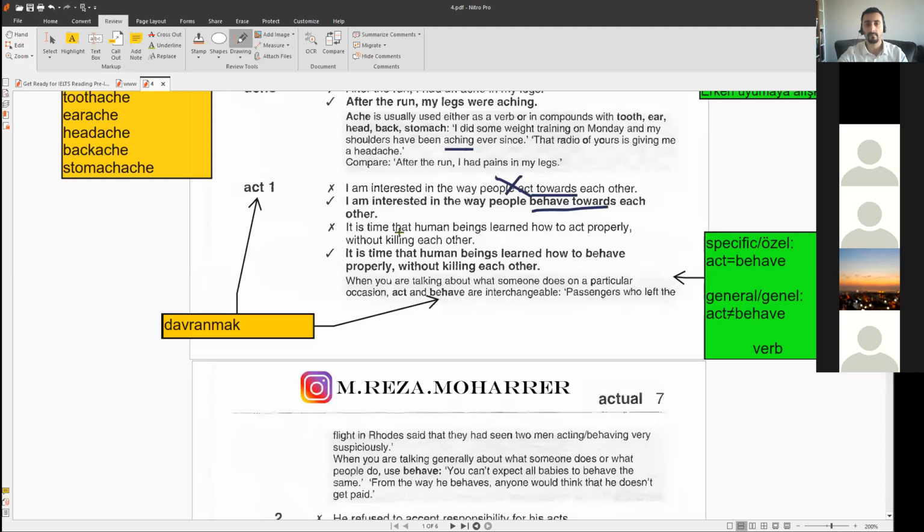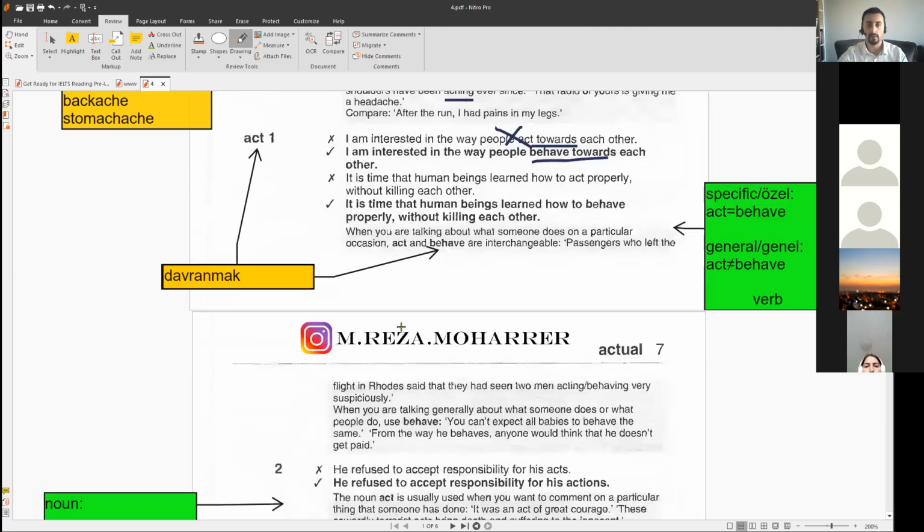It is time that human beings learned how to act properly without killing each other. It's time that human beings learned how to behave properly without killing each other. Yes. So whenever you are talking about what someone does on a particular occasion, act and behave are interchangeable.